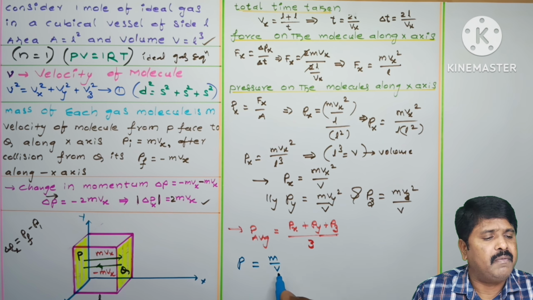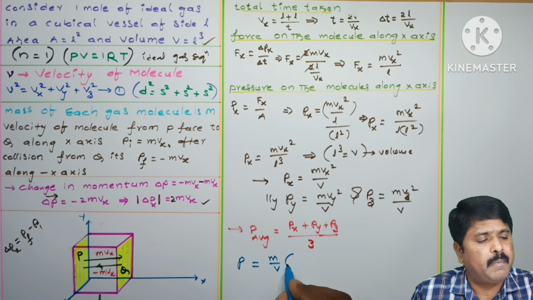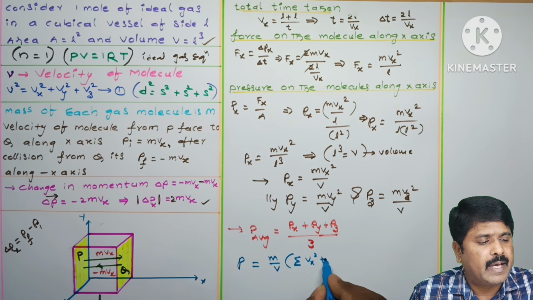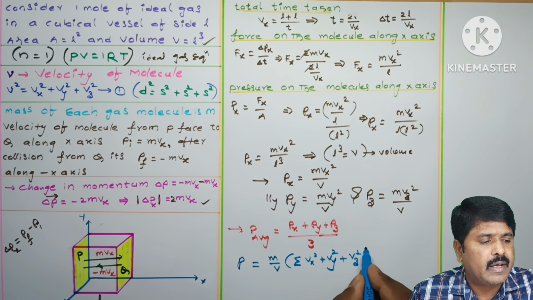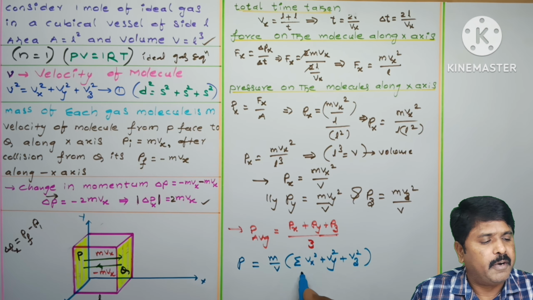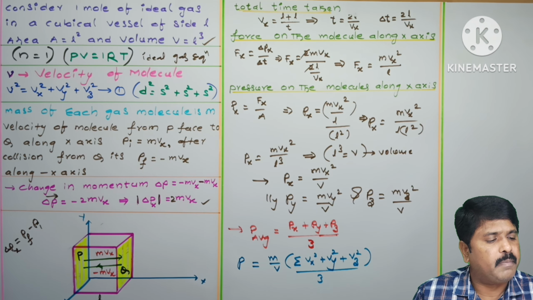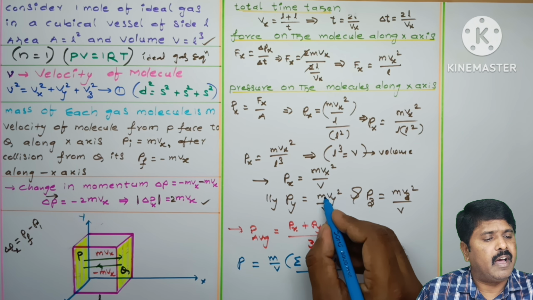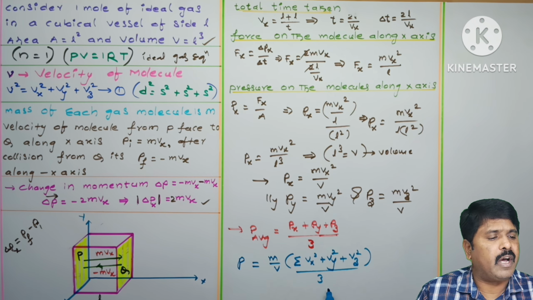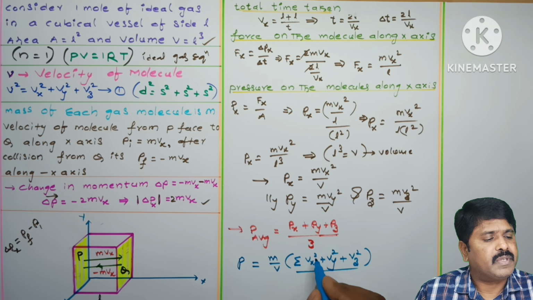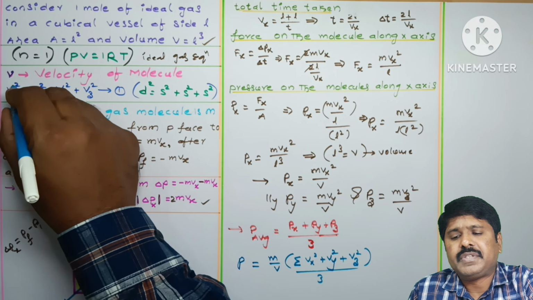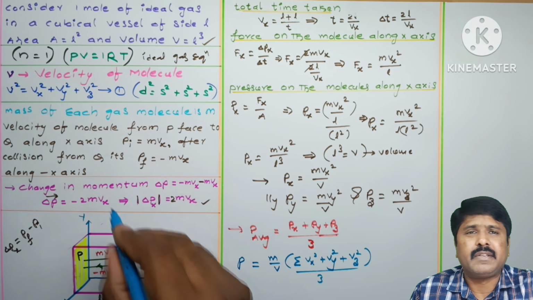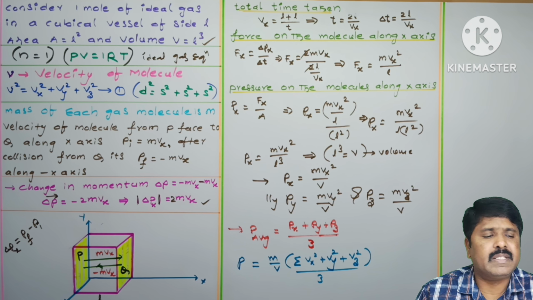Here m divided by V is common, so sigma Vx square plus Vy square plus Vz square, and the whole divided by 3. See student, m divided by 3V is common, sigma Vx square plus Vy square plus Vz square, and here V square is equal to Vx square plus Vy square plus Vz square.